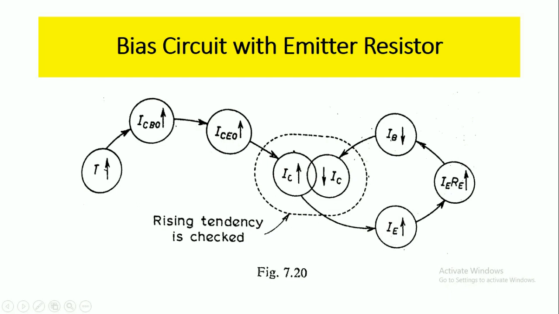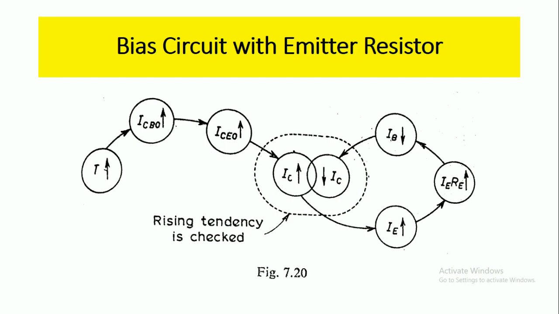So the current flowing through the resistance RE increases, and the voltage drop IE RE across RE increases, so the base current IB decreases. When IB decreases, the collector current IC decreases. Like that, this circuit makes the collector current IC independent of the temperature.